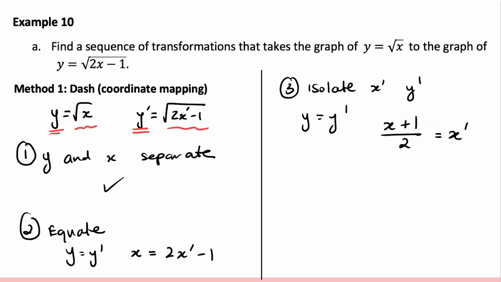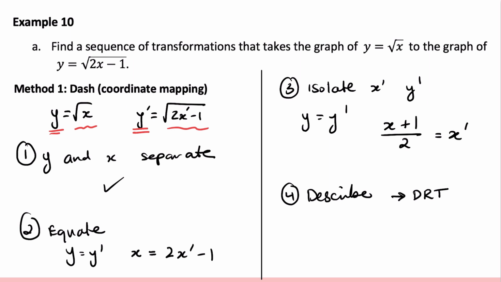Now, in terms of the order that you state your transformations in, it's very important to state them in a particular order. So step 4 is to describe. And there's more than one answer here, depending on the way that you express your solution. In general, we really like to tell our descriptions in terms of these 3 bits of order: dilations, reflections, translations.